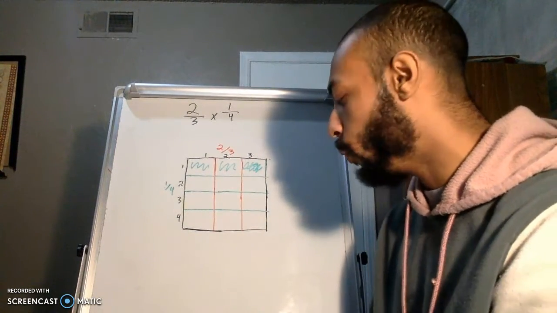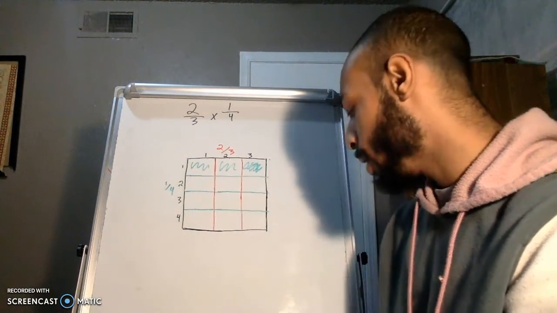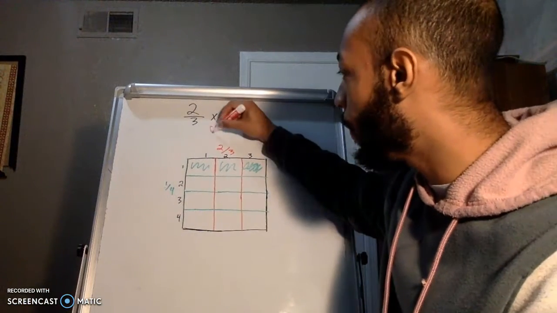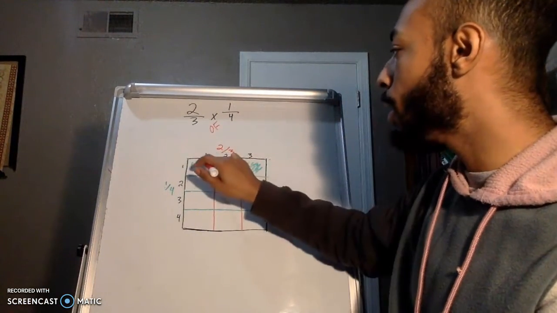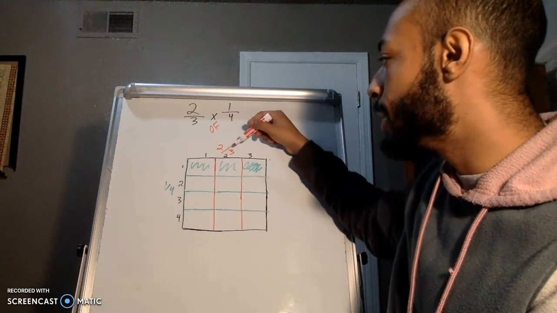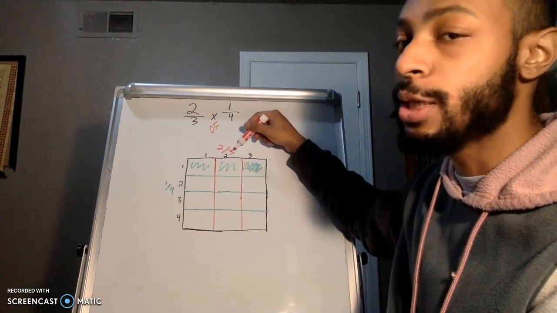Now, what this question is asking me is, what is 2/3 of 1/4? In order to find the 2/3, I'm going to do the same exact thing, but instead of making 4 equal sections, because this is a 3, I'm going to make 3 equal sections.